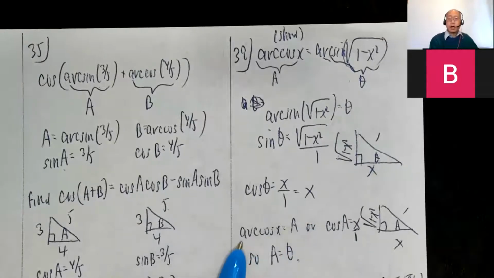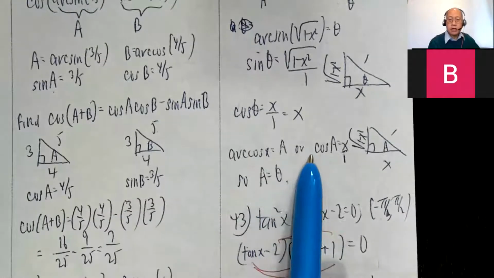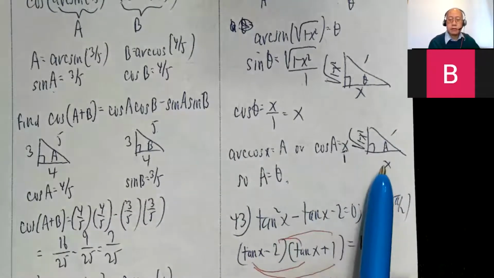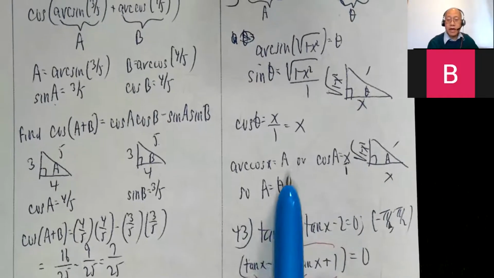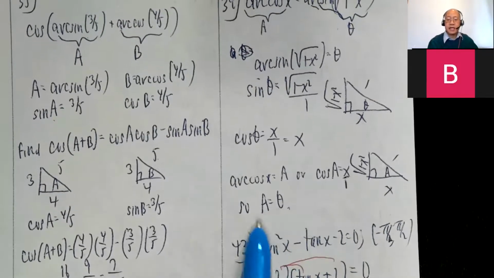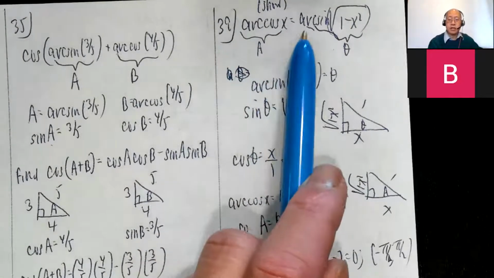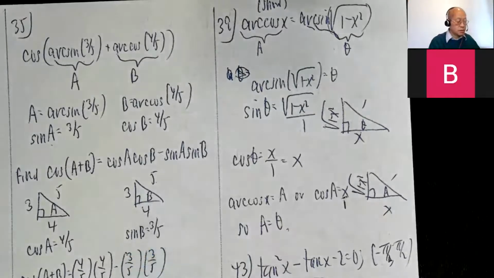Now let's try arc cosine of x, and we call that A. That means cosine of A is x over 1. Same picture. So that means A is the same as theta, which means arc cosine x is arc sine of radical 1 minus x squared. So that's that one.